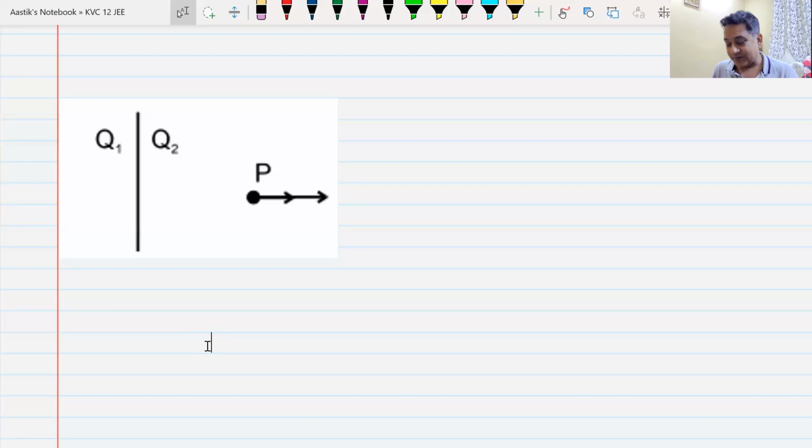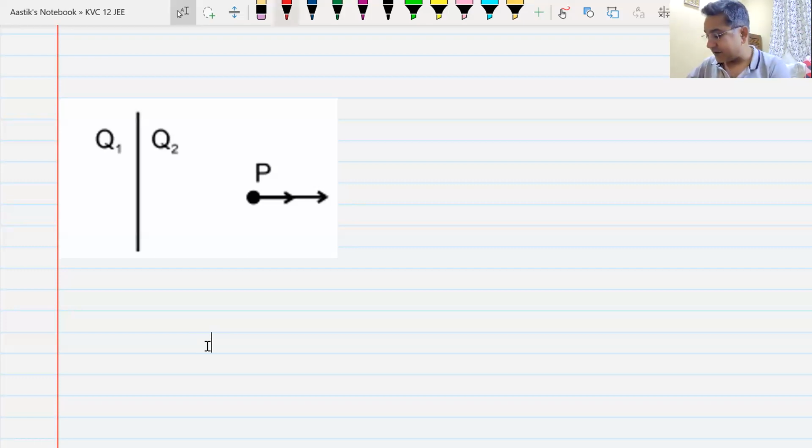Charge is given as Q and the area you can take it as A. Area of the plate you can take it as A. Can I have the answer? Anyone has the answer? No, sir, we don't have the answer, sir.